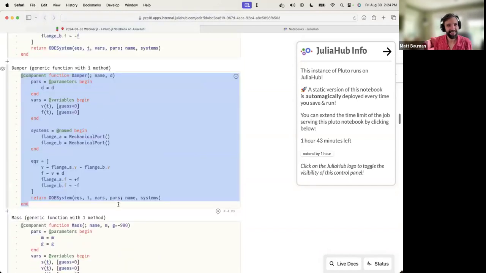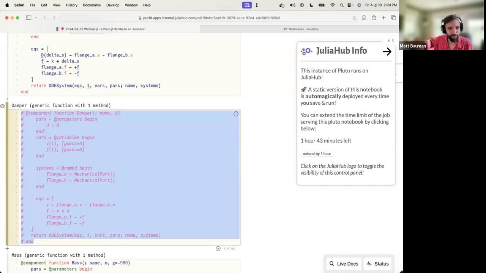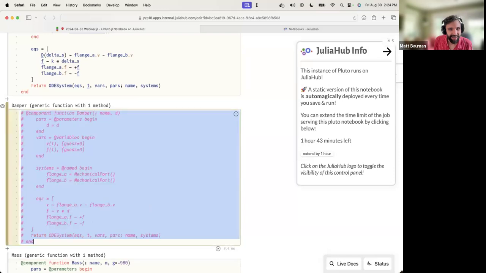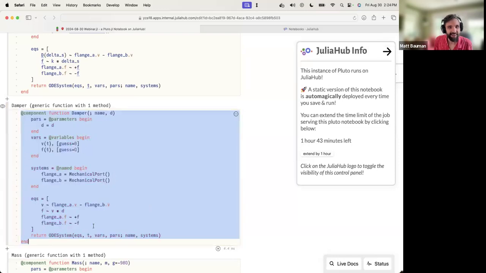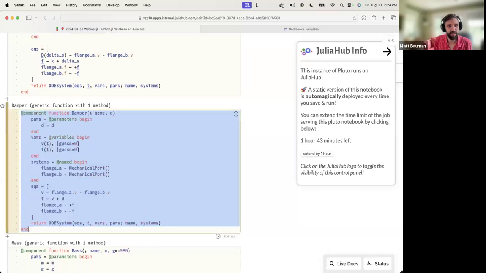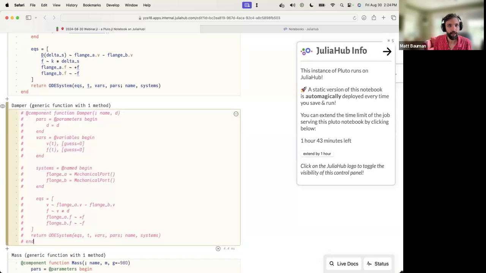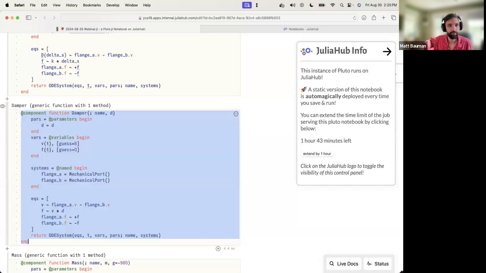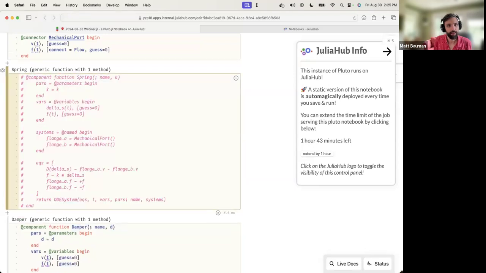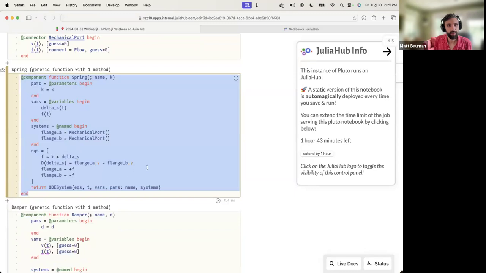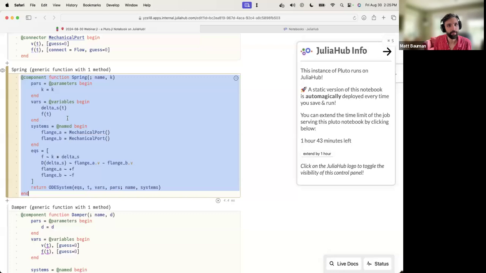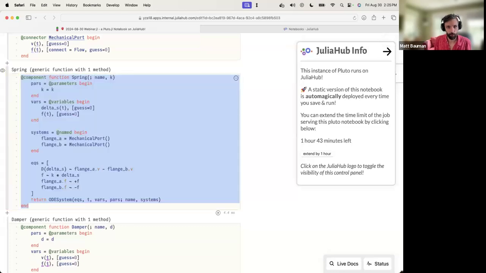We solved it here. Doesn't look like it was in this one. That looks exactly the same. Yeah, I'm not sure. Well, it's okay.